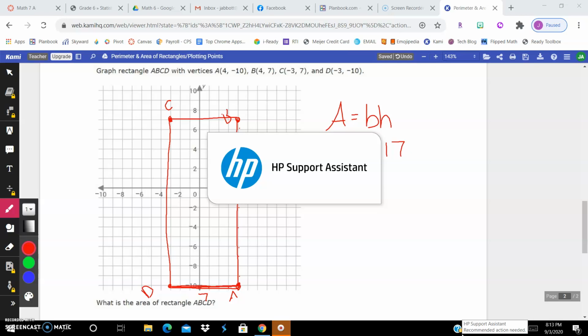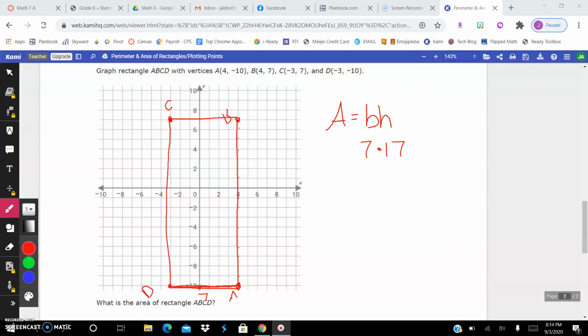And when we do 7 times 17, we get an answer of 119. And again, we have no idea if this is inches, feet, miles, whatever. So we're just going to write units. And area is two-dimensional, so it is squared. So this is 119 units squared.